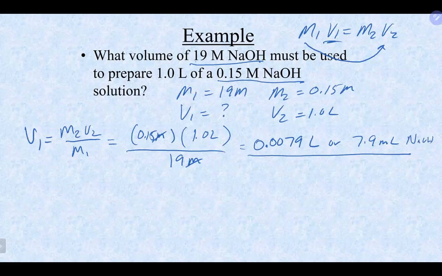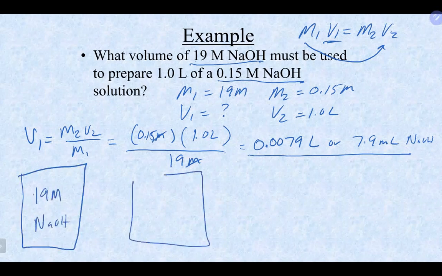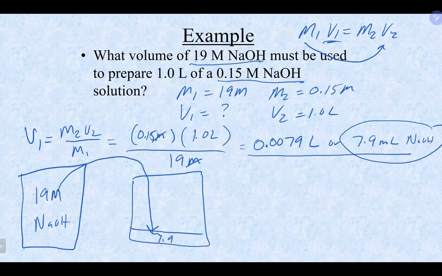That represents that we have a bottle over here that is 19 molar sodium hydroxide, and we are going to make a new container here. What this means is we should reach in there and take out 7.9 milliliters of our more concentrated sodium hydroxide solution into our new container.